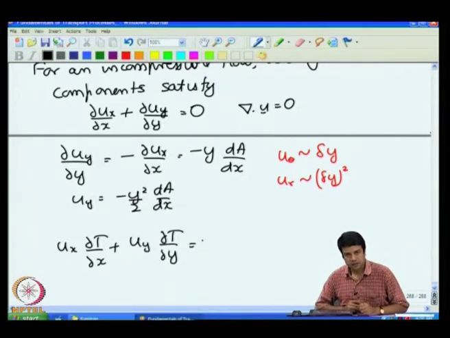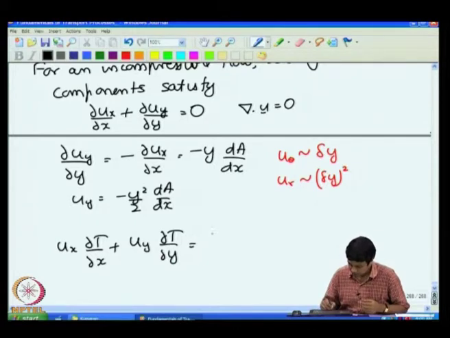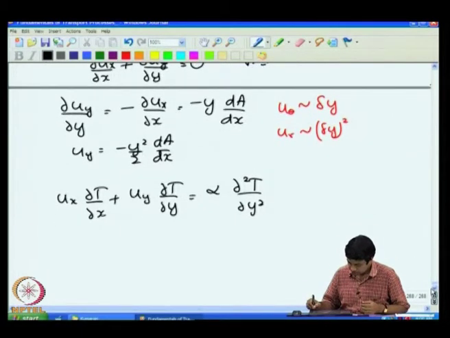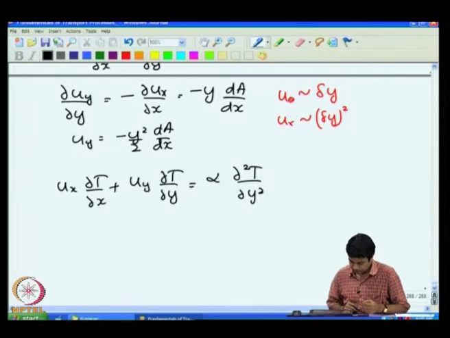Note that in this diffusion term, I already know that the streamwise diffusion has to be small compared to the cross stream diffusion. Since the streamwise diffusion has to be small compared to the cross stream diffusion, I can just write this as alpha times partial square T by partial y square.